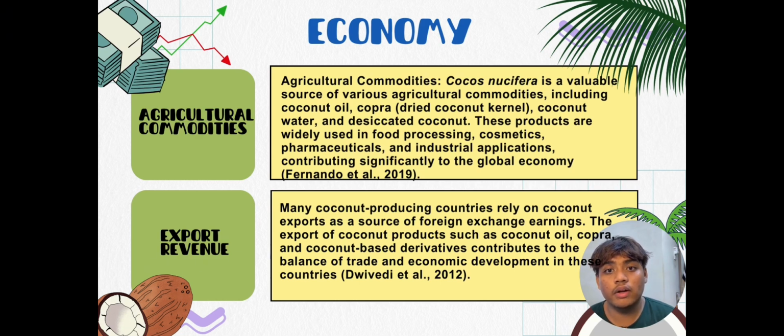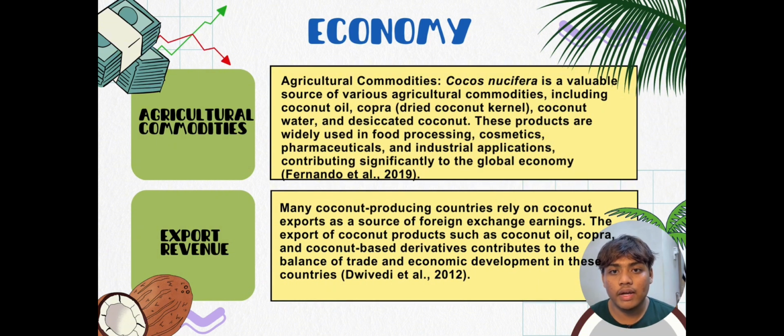And the second factor is export revenue. Many products from coconut can be exported to other countries, which can help economic development. For example, coconut cream is used in various culinary applications, especially in Southeast Asia. So there are many countries that export coconut cream, like Thailand, Indonesia and Sri Lanka.